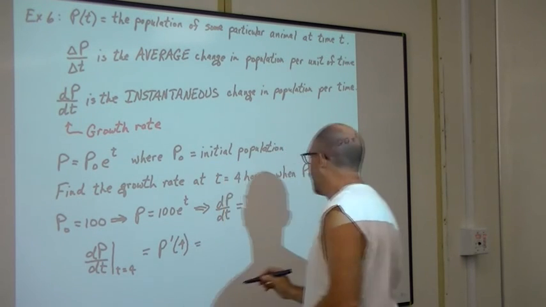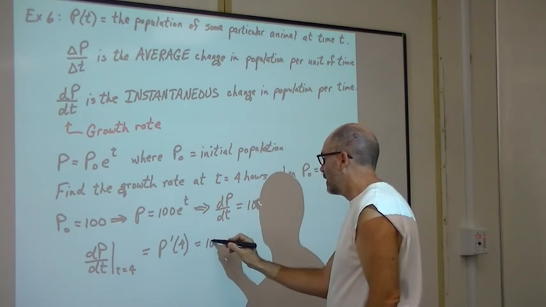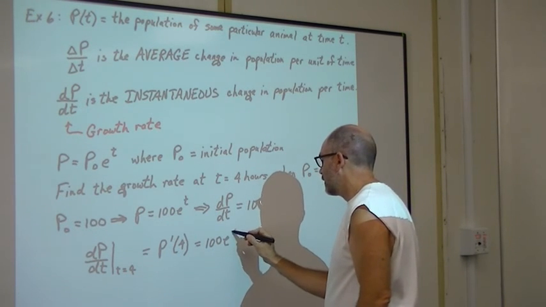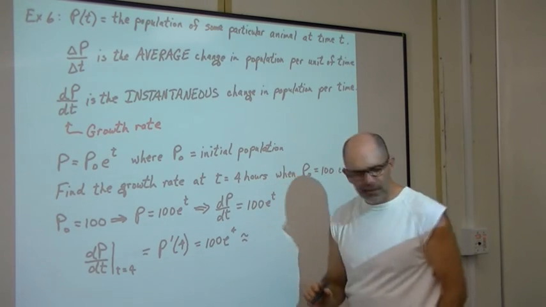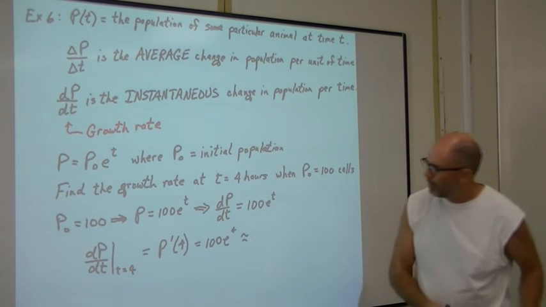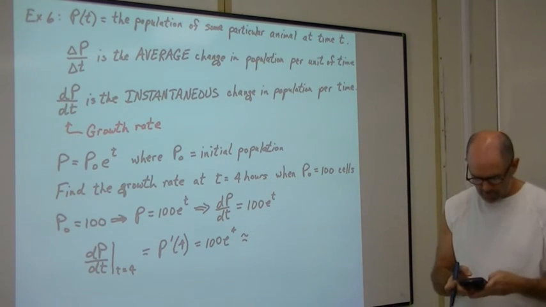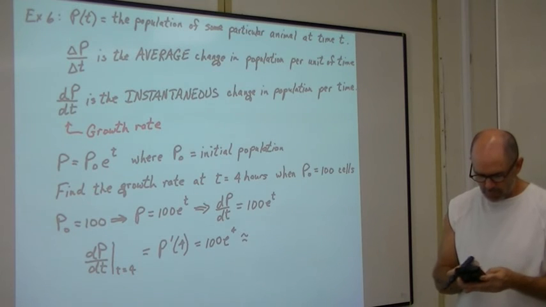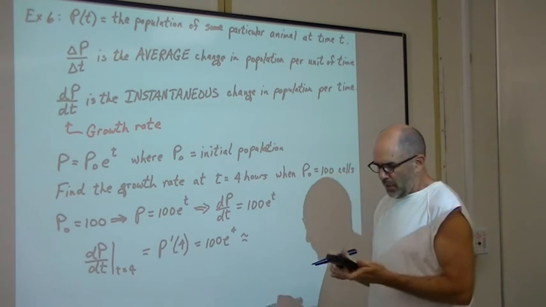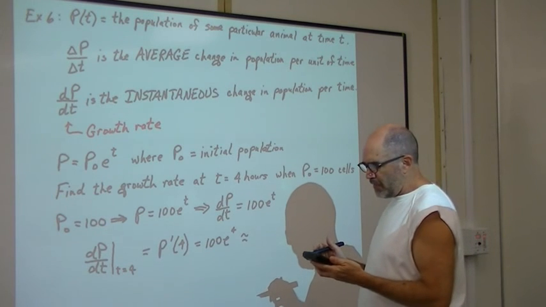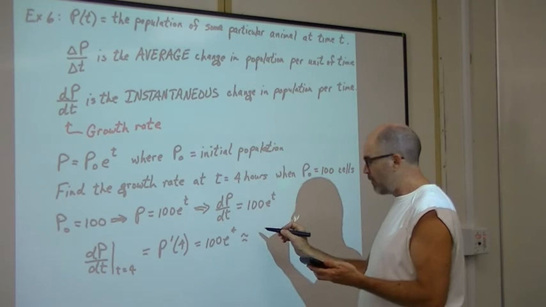So I go to dP/dt, plug in 4 for t, and I get 100 e to the 4th. And that's going to be approximately 5459.8, so we'll say 5460.